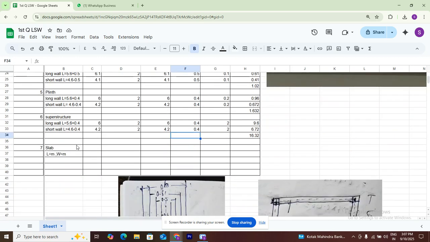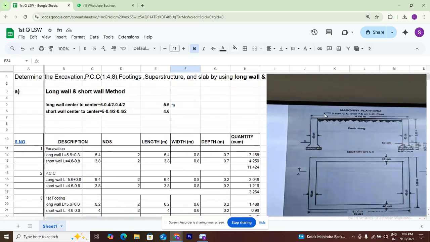Okay. Next, what is the slab? The slab is given as 8 meters and 5 meters, and the thickness is considered 2.5 centimeters CC over 7.5 LC floor.